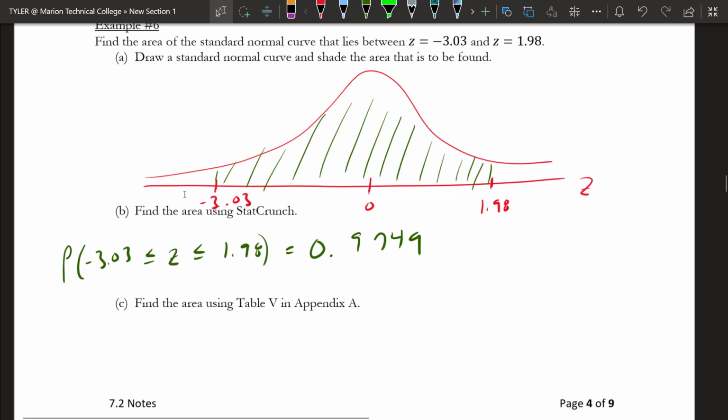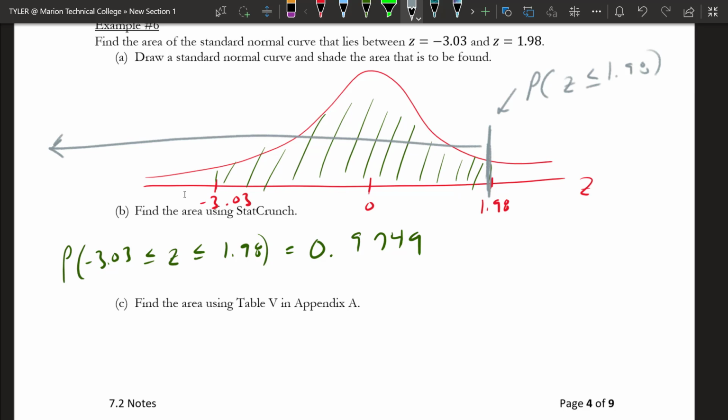So if we're trying to find that area using the table, the basic idea is, if I look up in the table z less than or equal to 1.98, that's going to give me the area all the way to the left, except from here on, I don't want that area.